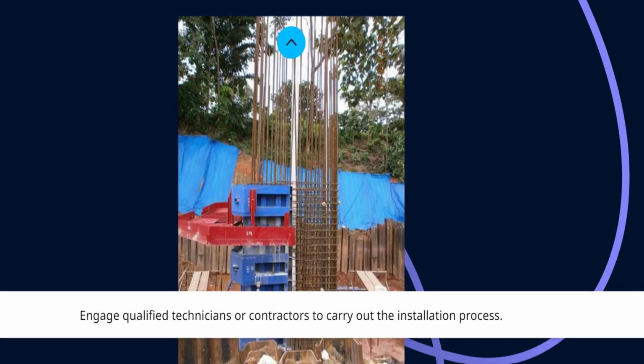Engage qualified technicians. Qualified and experienced technicians must be engaged to install the lift, ensuring that all components are correctly assembled and operational. Electrical and mechanical connections. Critical connections. After installation, the lift must be properly connected and tested to ensure safe operation. Electrical supply.